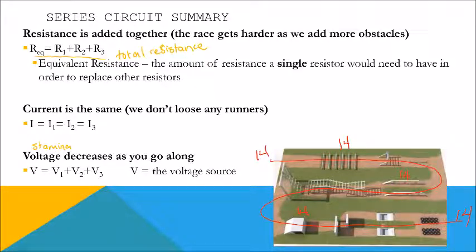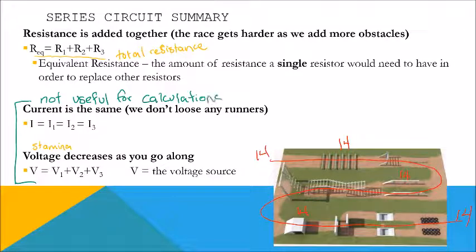Now keep in mind that for current and voltage, these two equations are not very useful for calculations. They're useful to us in a lot of different ways, but they're not useful for solving for something per se. You'll see why when we start solving.